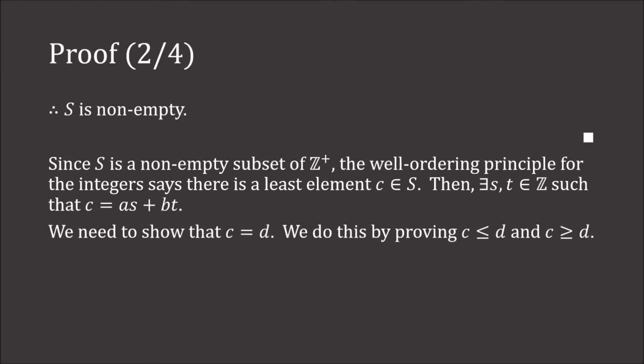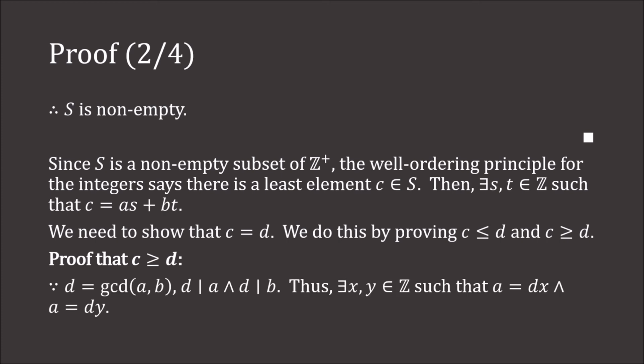And we do this by proving that c is less than or equal to d and that c is greater than or equal to d. If c is less than or equal to d and c is greater than or equal to d, the only way that can be true is if c and d are the same number.